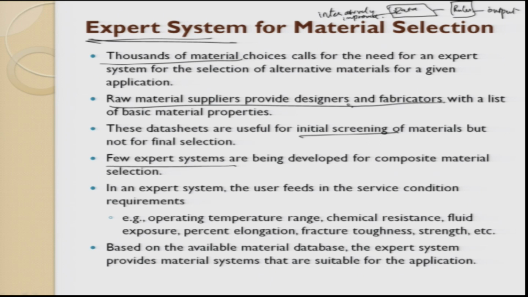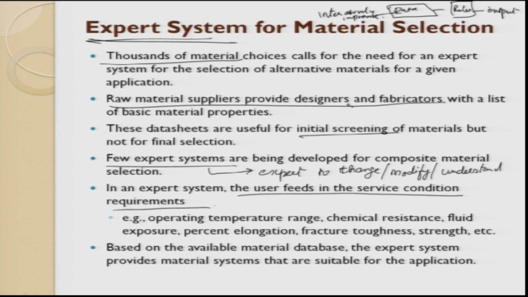Again, whatever comes out of an expert system, you need an expert to tweak, modify, or understand the solution. If an expert system is very good, the user feeds in the required service conditions and gets the best output based on the available material data.